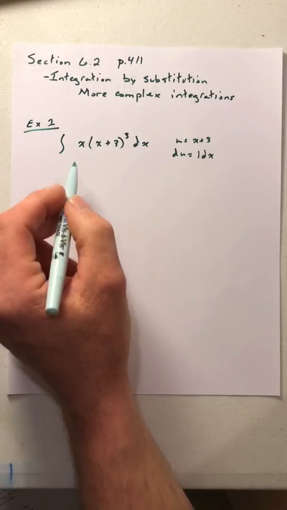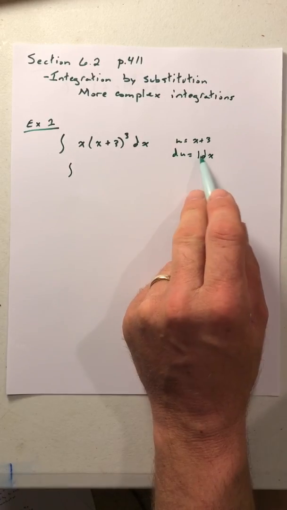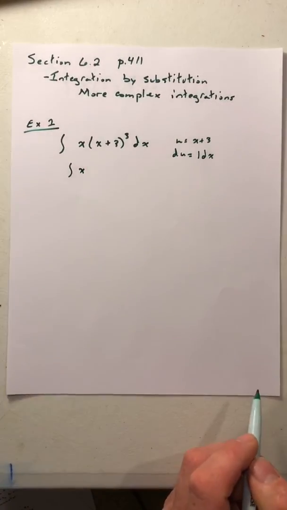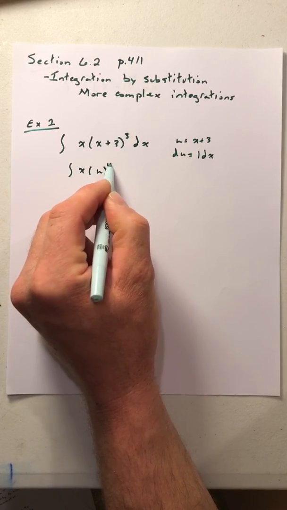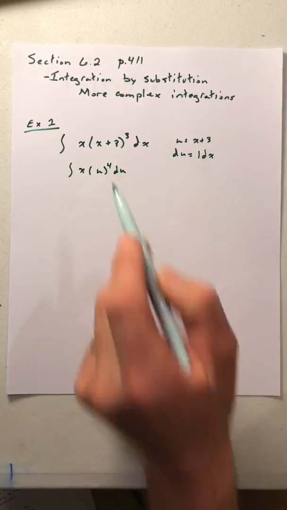Coming back to my integral, I have an x dx but only a 1 dx, so this x has to stay with our integrand at this point. So we have x times the integral of u to the fourth du, since dx equals du.